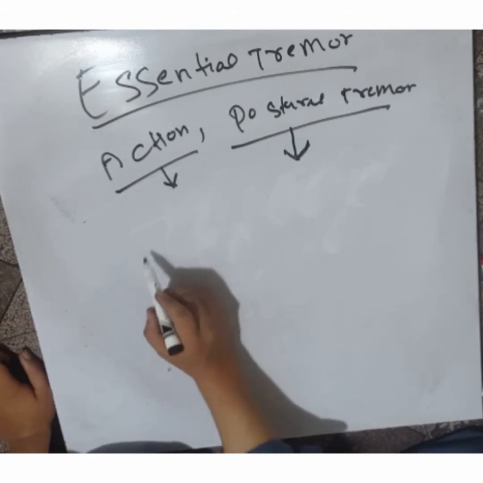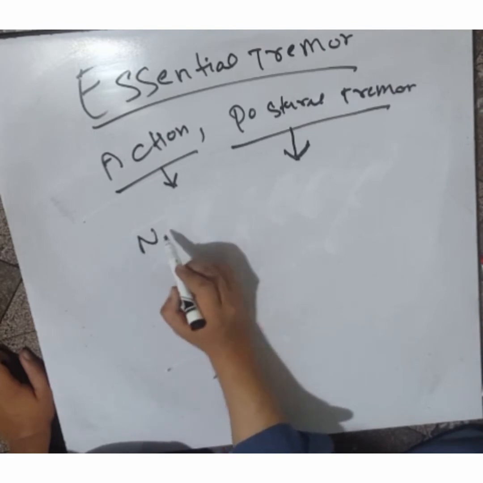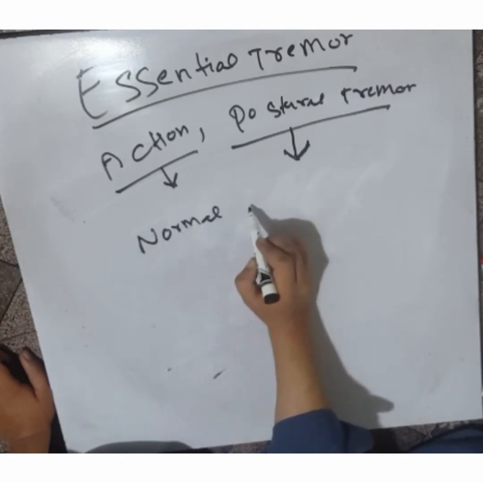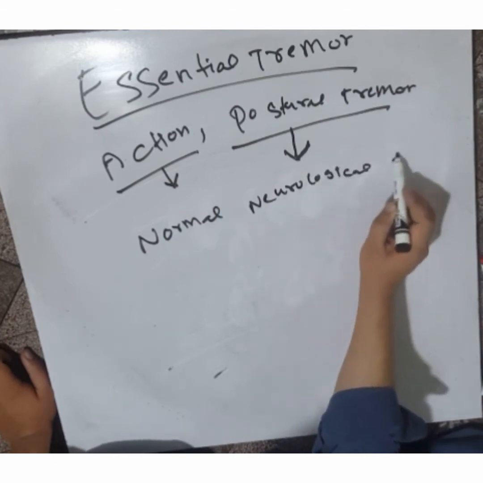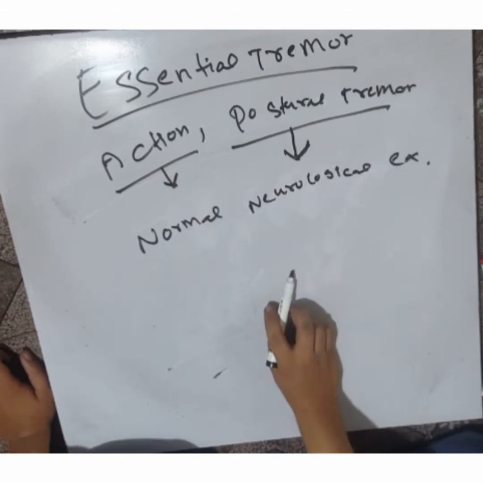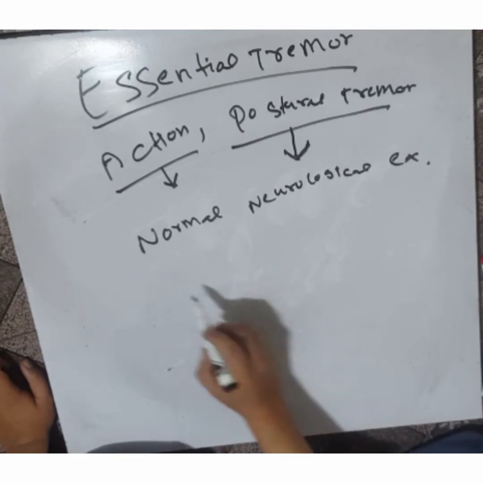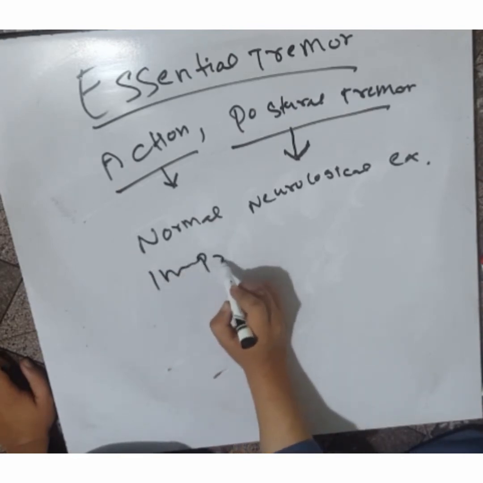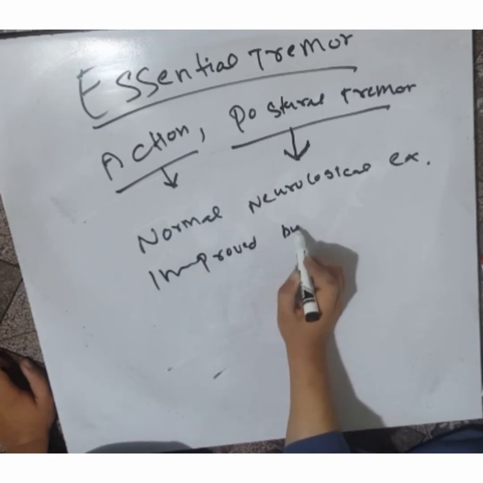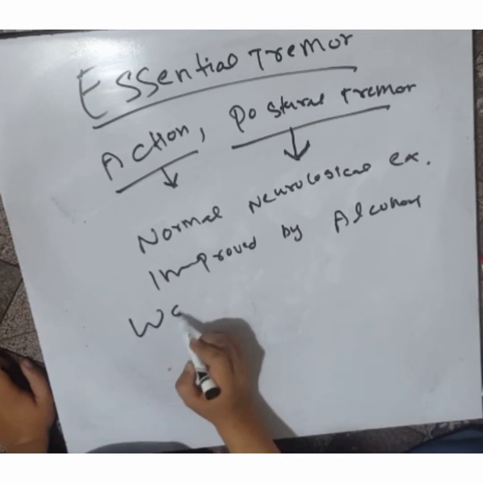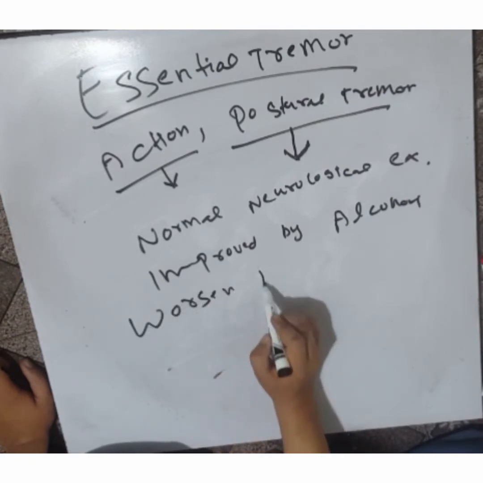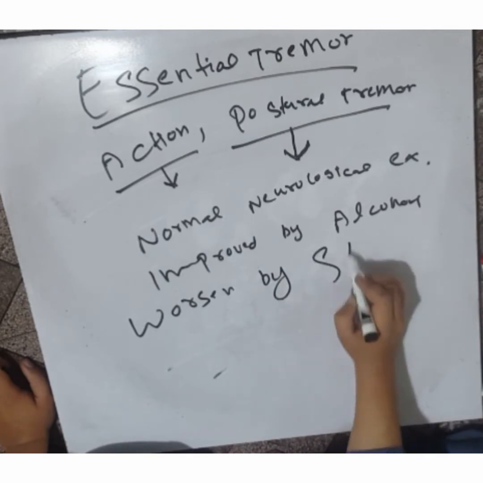In the essential tremor, there is a normal neurological examination. The essential tremor may be improved by alcohol and worsened by stress.